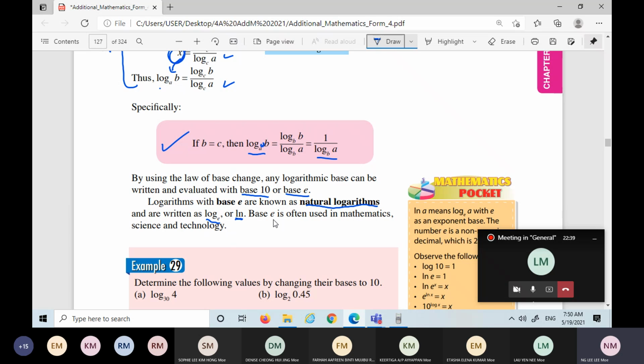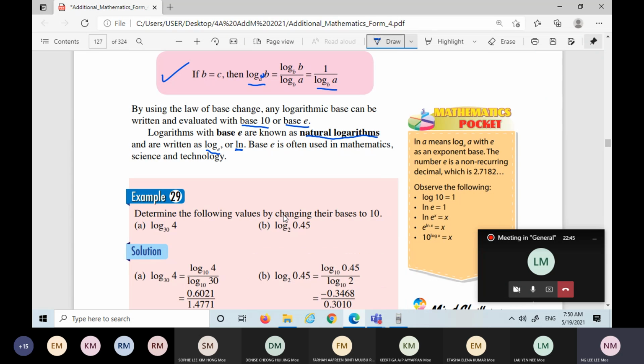Actually, you don't have to be scared of e. Why? e is just a number. You still remember the beginning of the topic when we learned rational numbers. e is just a non-recurring decimal, 2.7182 and so on. It is like pi.